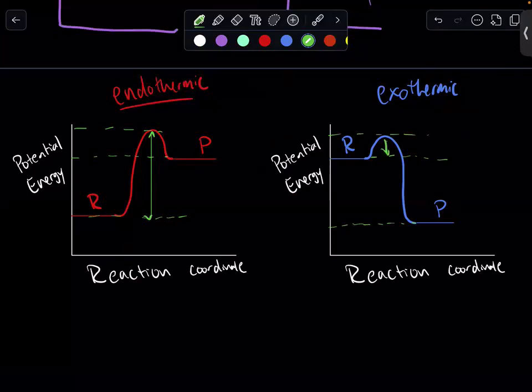From our reactants to the top energy, this is our activation energy. This is the energy that we must put into our reactants to get the reaction started. Furthermore, we can list our transition state, which is up here at the top.